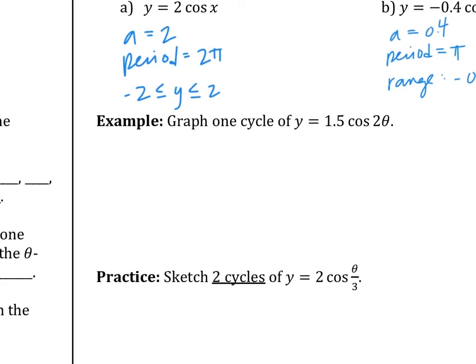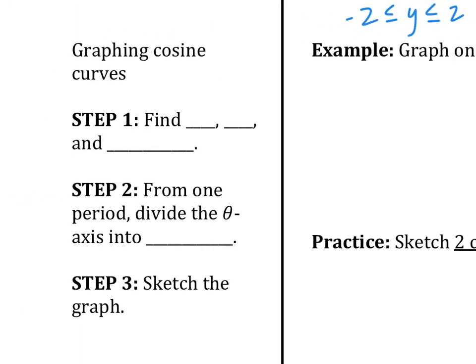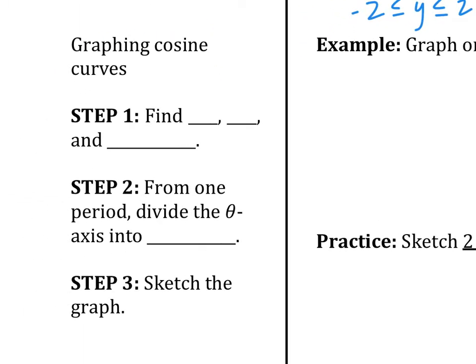All right, let us graph. Okay, it is the same thing as before, so you guys wrote down some really good notes on how to graph. First, find your A, B, and period. And then you're going to draw one period, and then you're going to divide it into fourths, and then you're going to sketch.